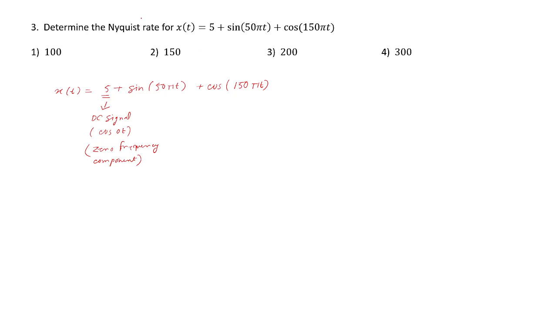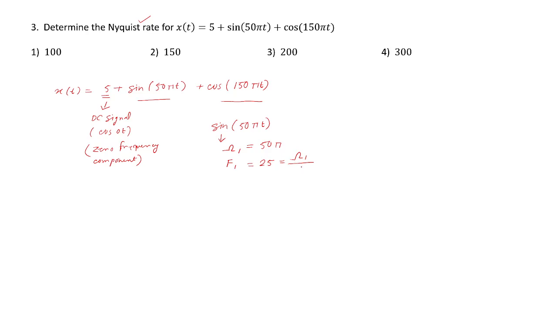So while considering the Nyquist rate, what really matters are these two parts. For sine 50 pi t, the analog frequency omega 1 is 50 pi. The corresponding frequency f1 is therefore 25, because it is given by omega 1 over 2 pi, just as I discussed in previous slides.